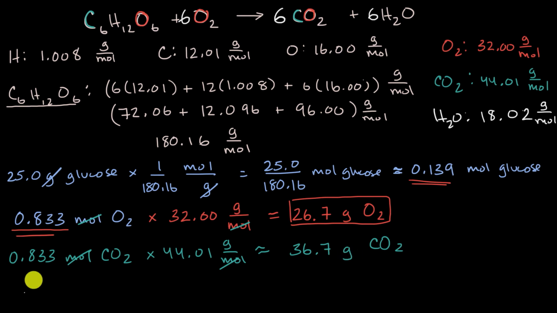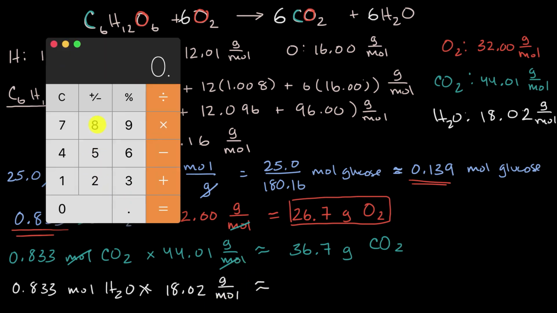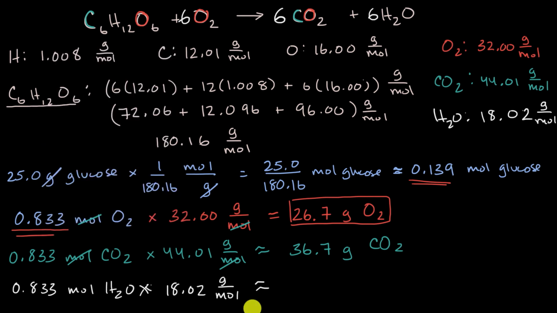And then last but not least, we can do that with the water. 0.833 mole of H2O times its molar mass, 18.02 grams per mole of water, is going to give us approximately 15.0 grams of water. And once again, those moles canceled out to give us the right units.